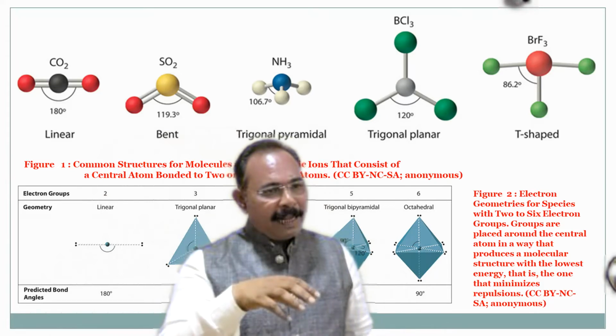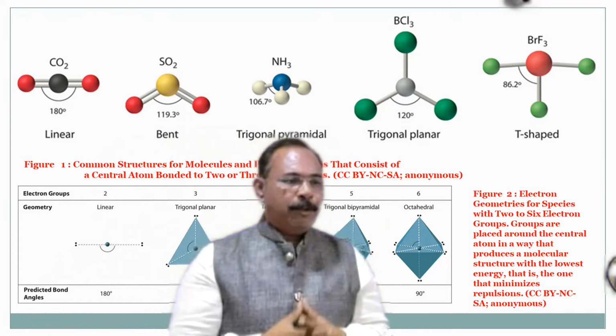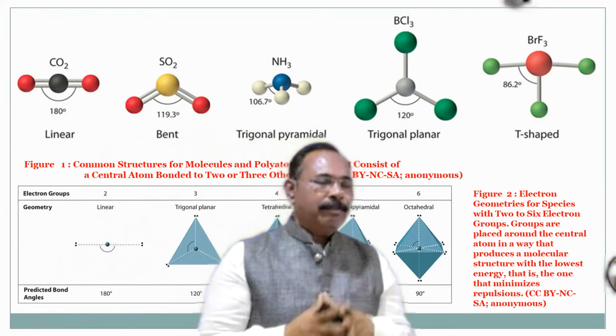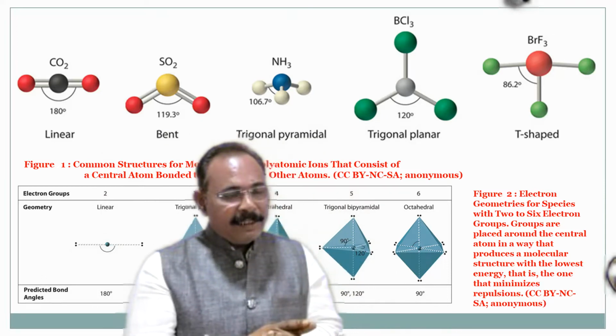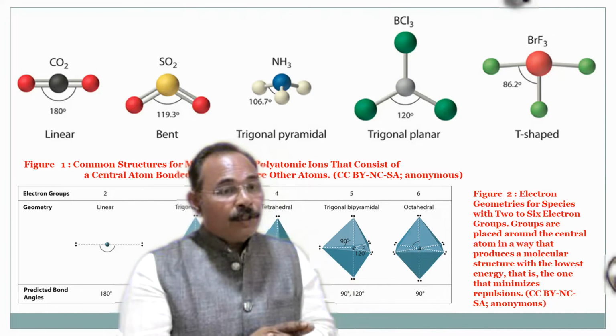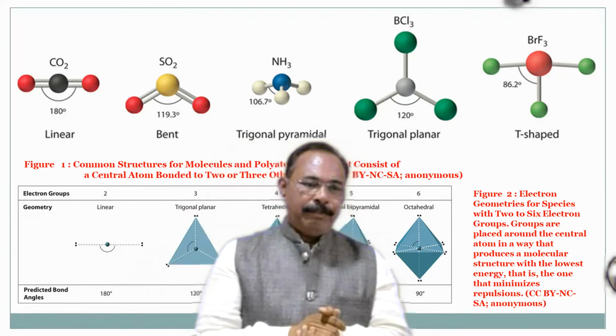The most stable arrangement of electron groups, that is, the one with the lowest energy, is the one that minimizes the repulsions.